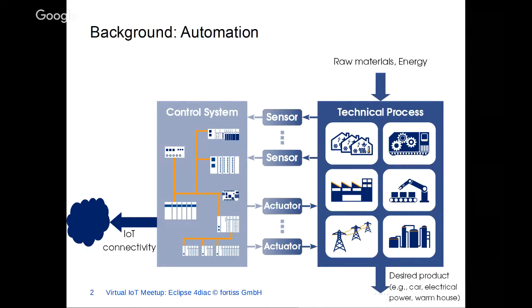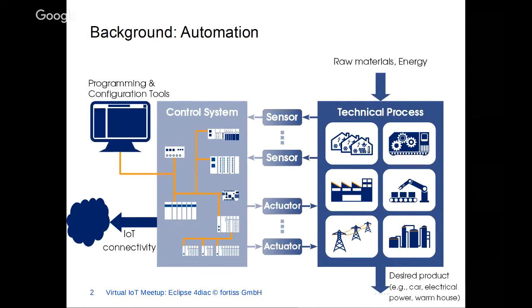And a big pressure in industrial automation is that in the end, someone has to take his PC, his laptop, and connect the control devices and program and configure them. And this is a very tedious job currently in industrial automation.